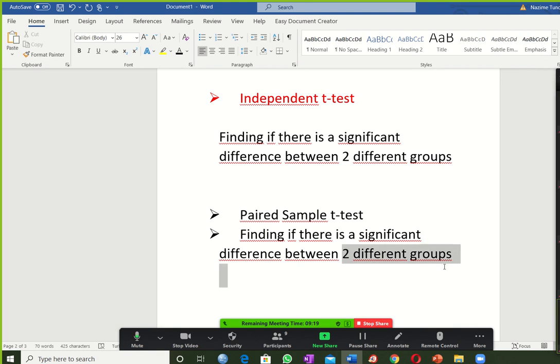For example, blood tests in August and blood tests in September, between two repeated measurements.